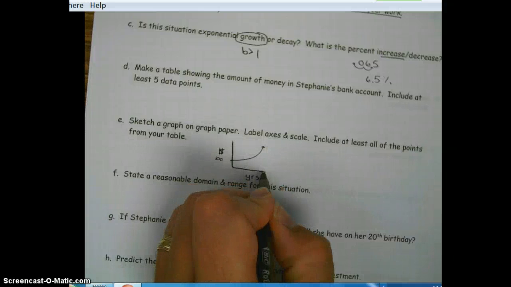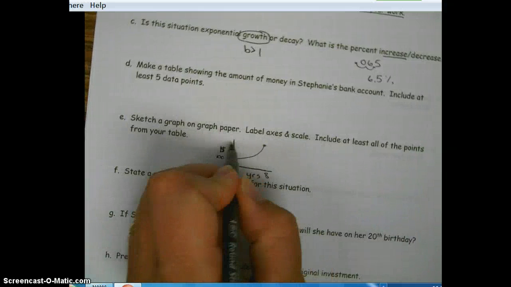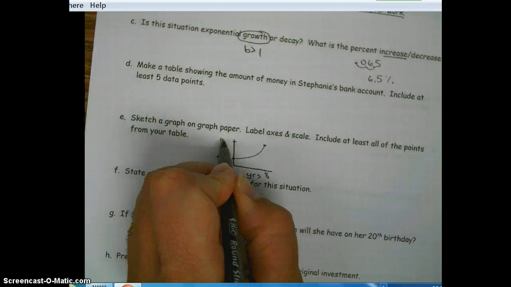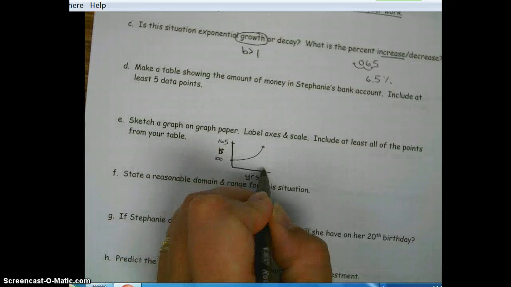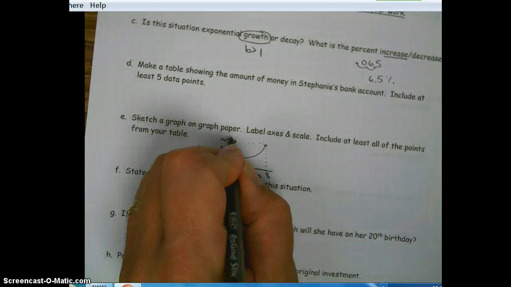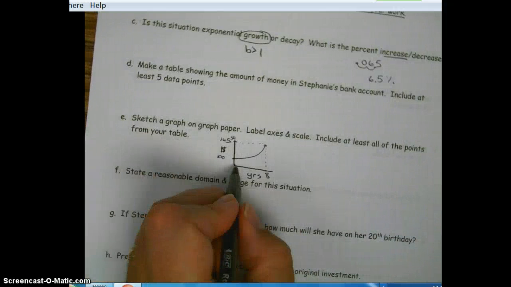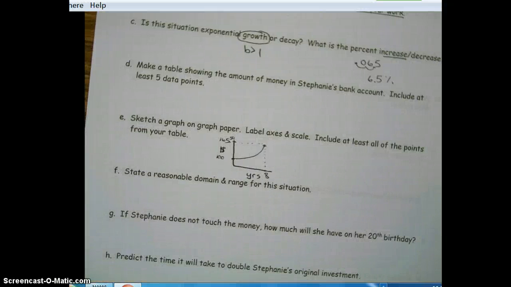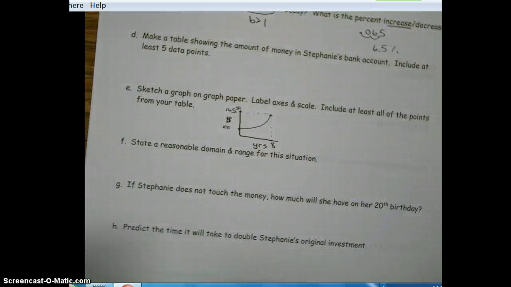I'm going to go ahead and put right here 8 years, $165.50.